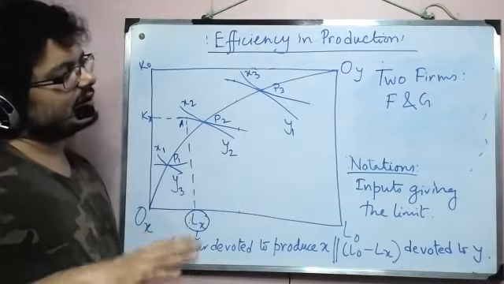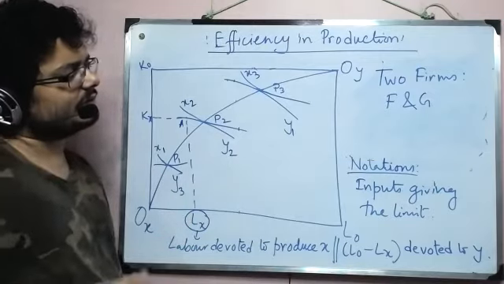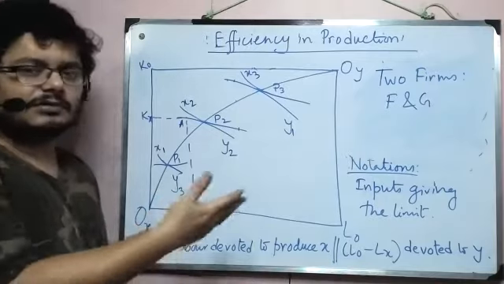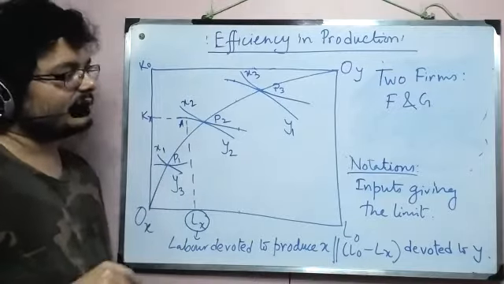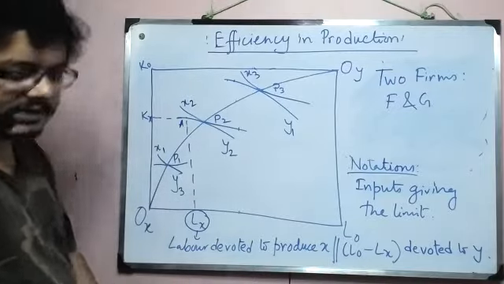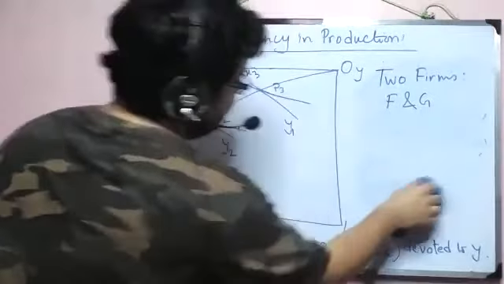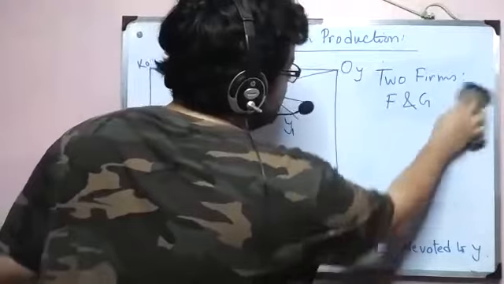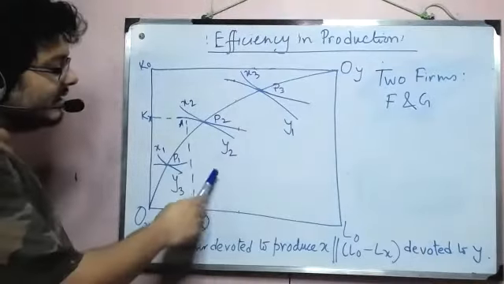Now here I have said that in the initial classes of talking about this, I've said about two farms F and G, but here there is nothing of that sort. Why not? Because here we are interested not in which farm is going to produce what amount. Okay, the answer to the question of how much will F produce and how much will G produce is not getting answered here.